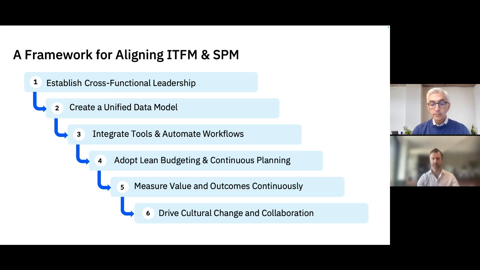So it really is about creating this cultural shift. But this is a great opportunity because we're able to integrate a lot of these great processes, and it goes from a mindset shift of finance versus IT versus business unit to one team delivering business value. Ultimately, this framework is going to drive the right kind of leadership alignment, unified data, integrated tools, lean processes, outcome metrics, and cultural change.